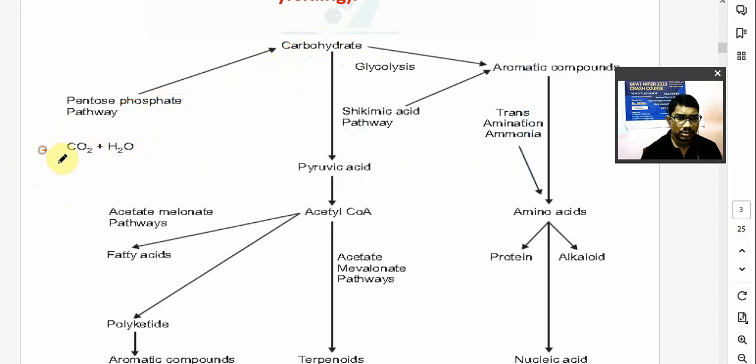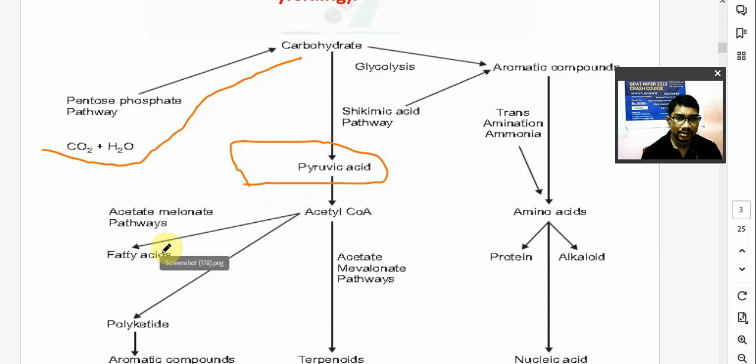Each and every single pathway we are going to see is just primary information. From acetyl CoA also you are going to get polyketides, and from polyketides you are going to get aromatic compounds. From acetyl CoA you are going to get terpenoids also, through the acetate mevalonate pathway. This carbohydrate can be converted into aromatic compounds by using glycolysis, and also from the shikimic acid pathway aromatic compounds are generated.